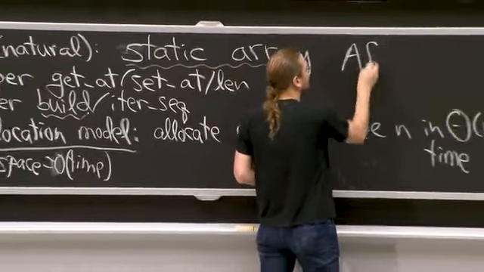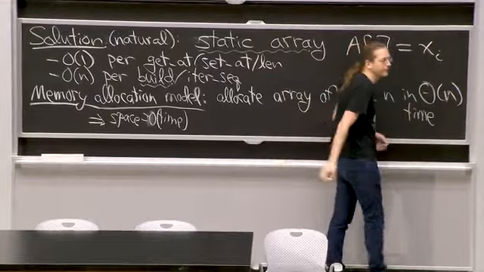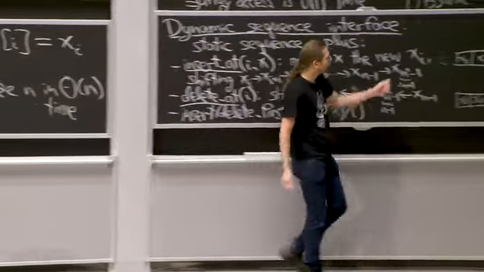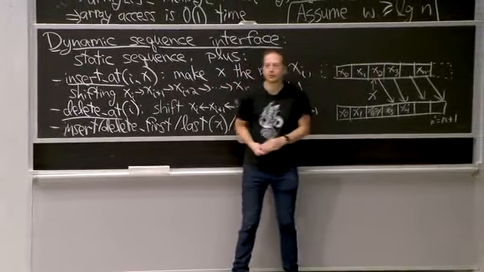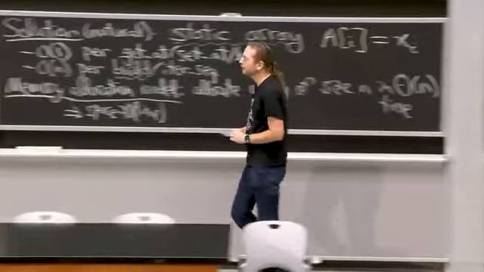Static array, we're going to maintain this invariant that a of i represents xi. If I want to maintain that at all times, when I insert a new thing in the front, because the indices of all the previous items change, I have to spend time to copy those over. You can do it in linear time, but no better.